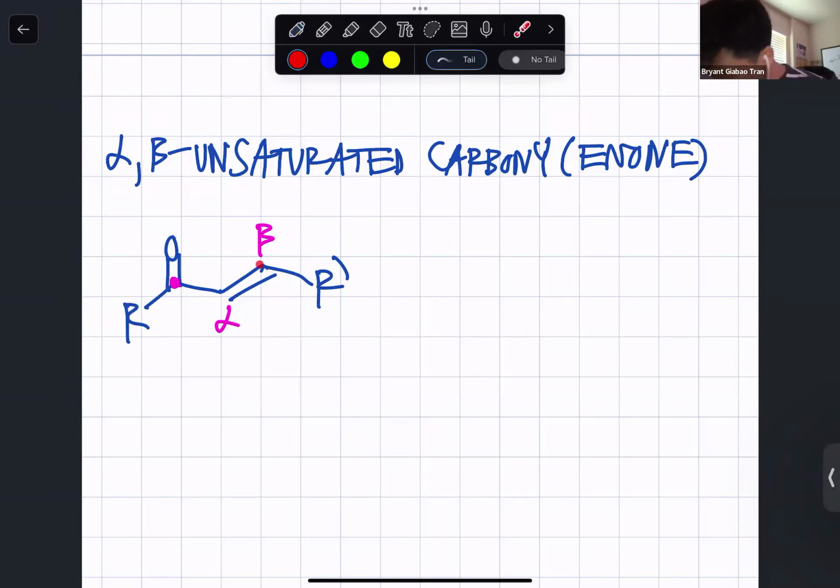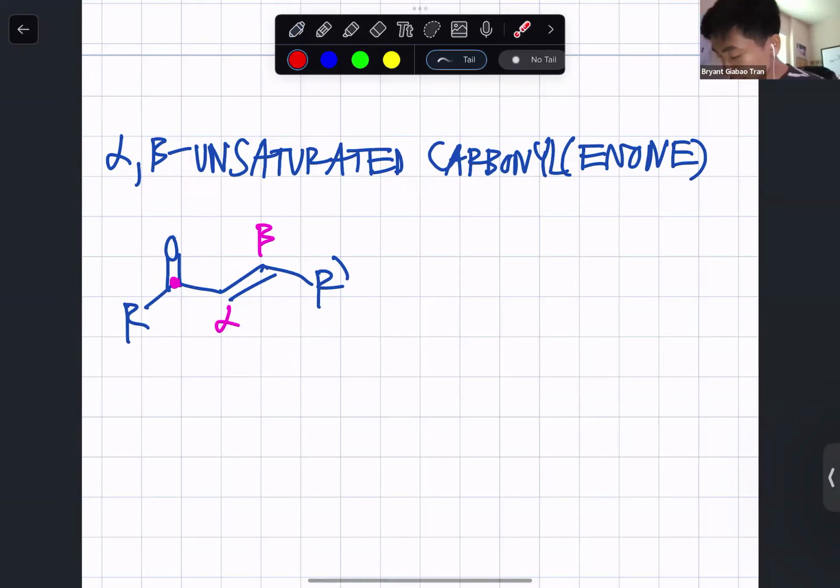This is the beta carbon because it's 2 carbons away from the carbonyl. Because there's a double bond, an unsaturation, between the alpha and beta carbon, we call this an alpha beta unsaturated carbonyl.